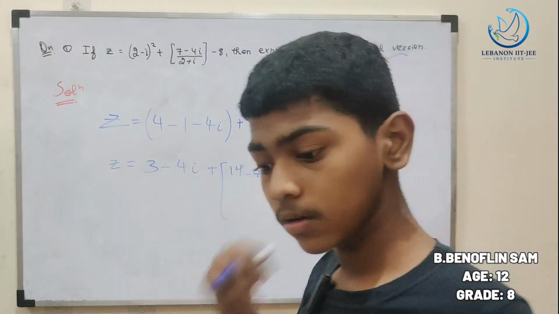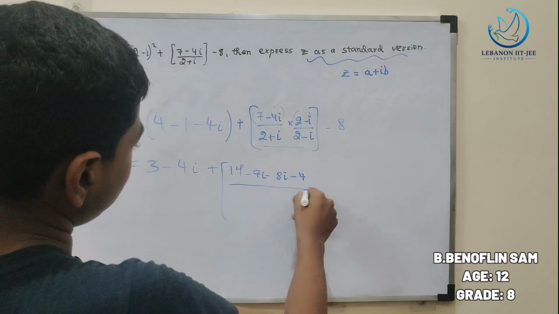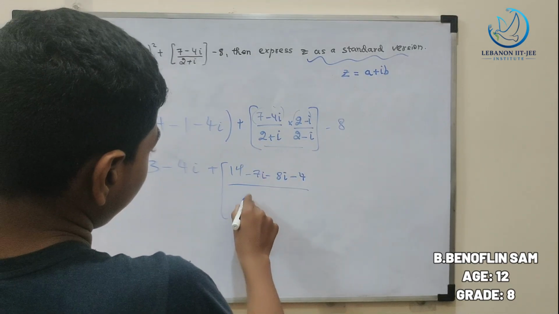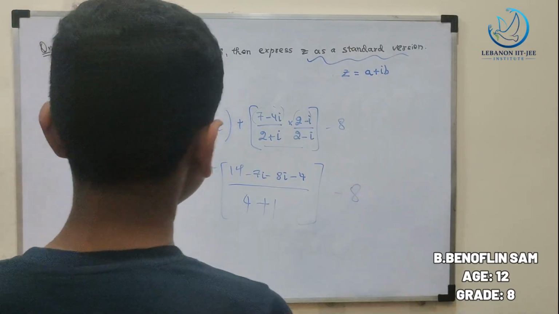Like this I am doing it. So you have formed it like this, by 4 plus 1 minus 8.